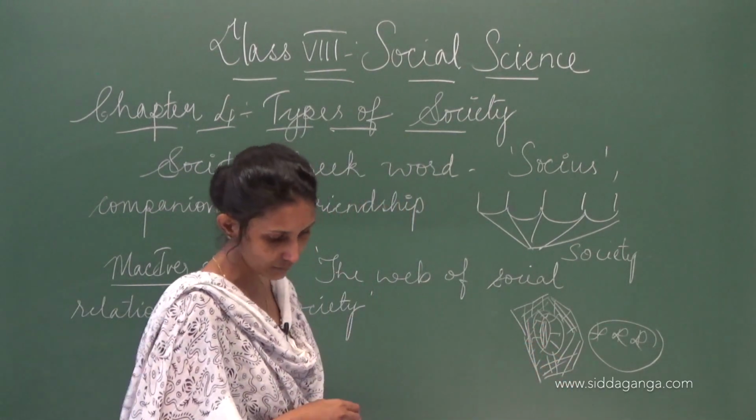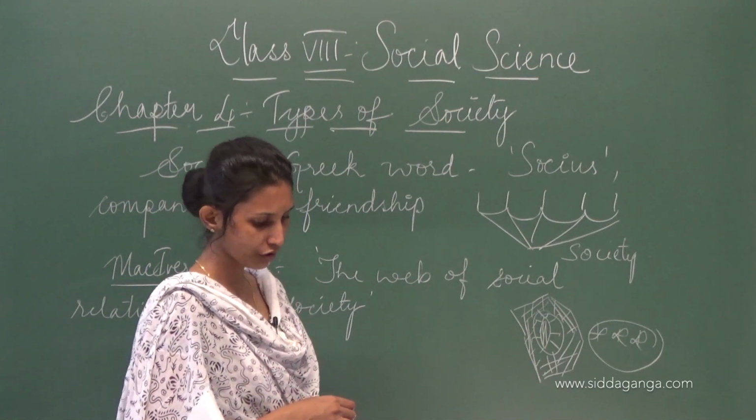Next is the complex of social institutions and social groups is society.